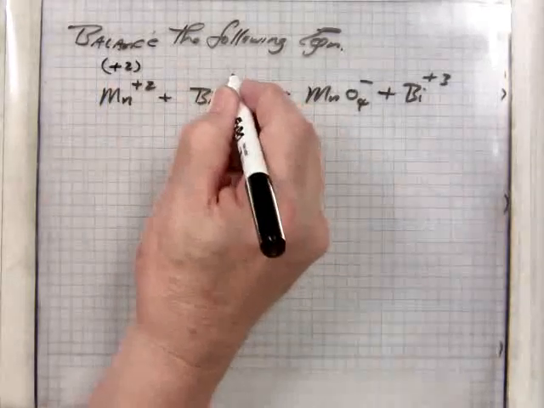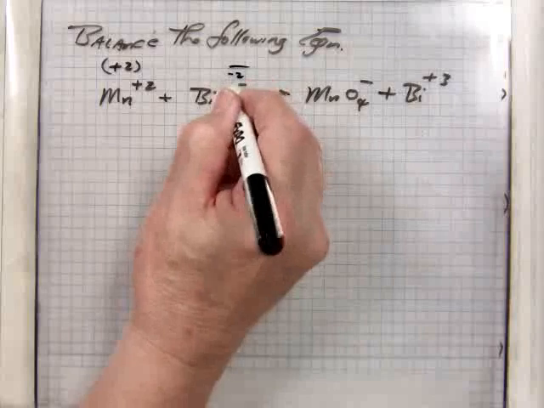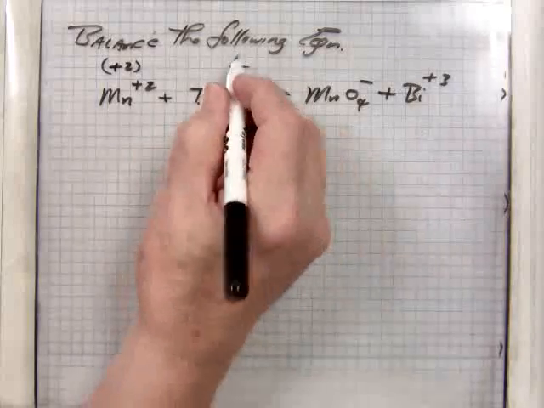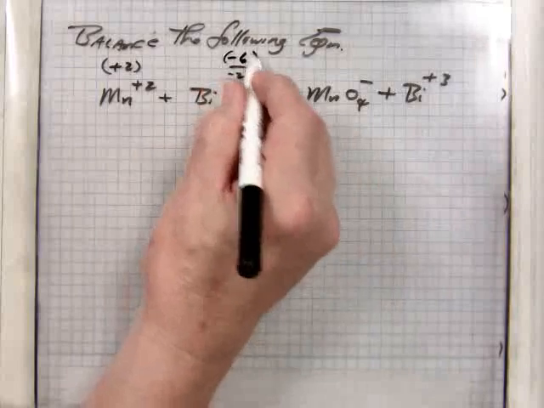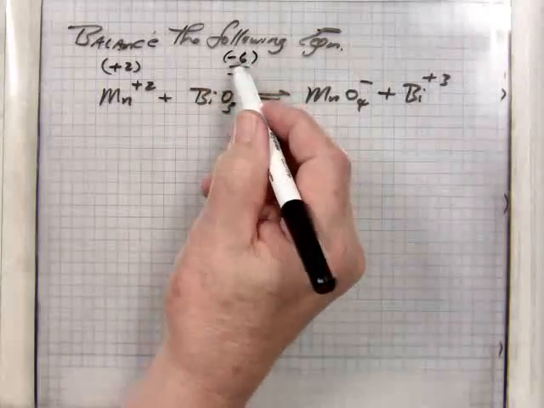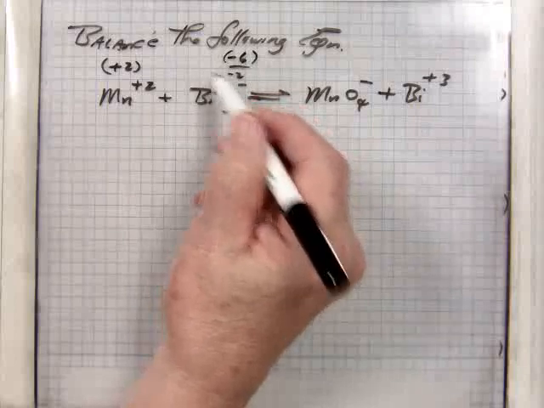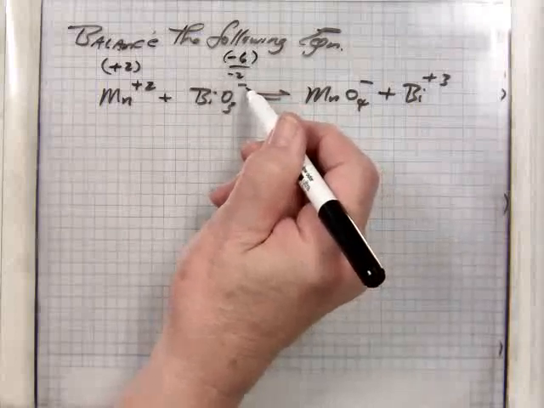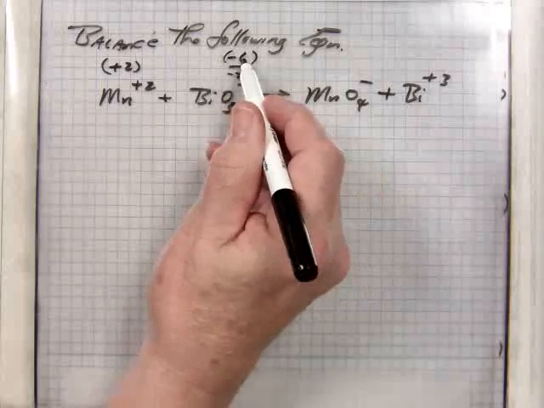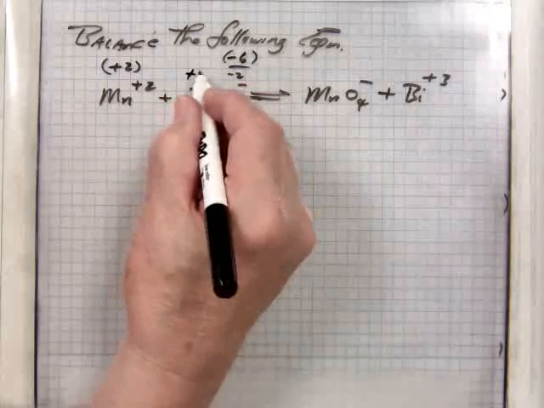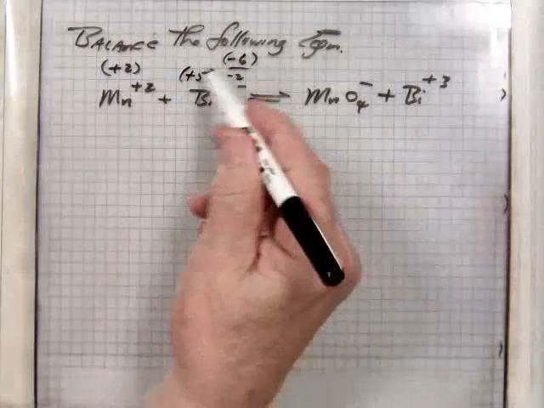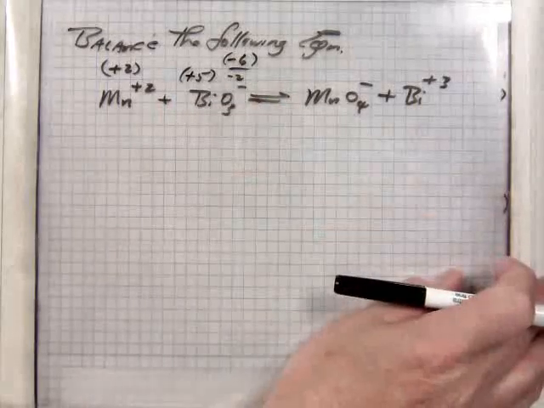Oxygen is a -2 individually, but I have 3 of them, so the overall charge is a -6. See what I did? Now, -6 plus whatever you put over here must give you a net charge of -1. So what would you have to add back to a -6? Of course, that's a +5. So it's a deductive process in assigning the collection of oxidation numbers.